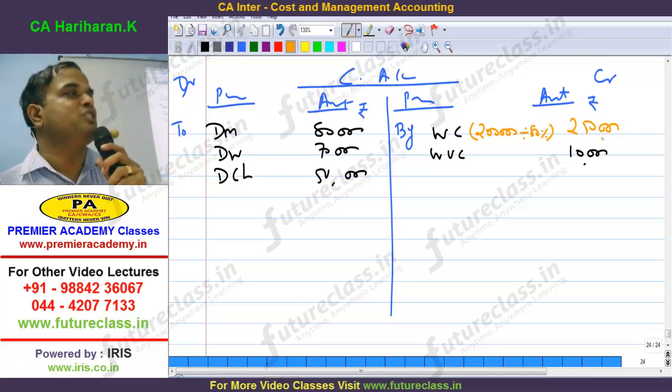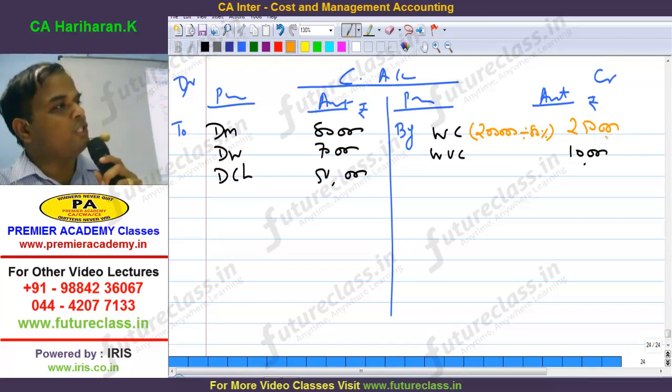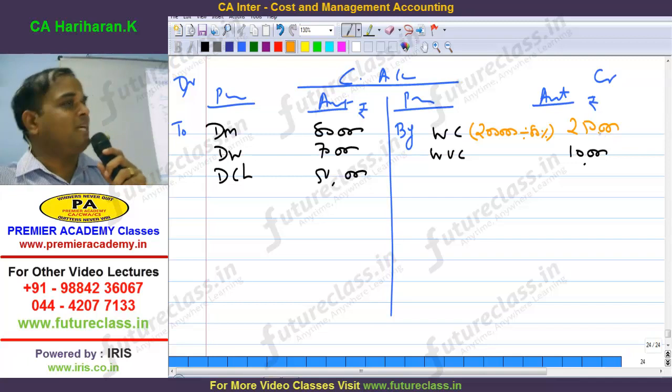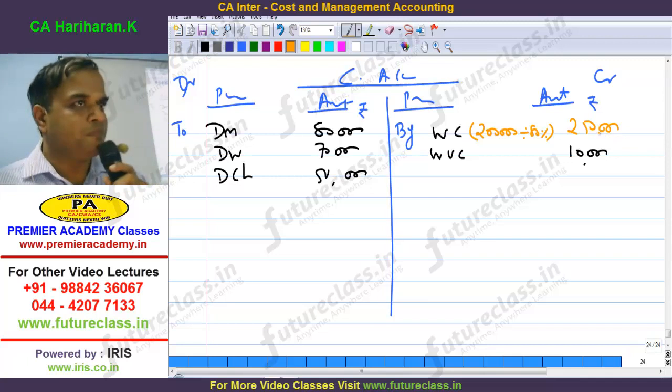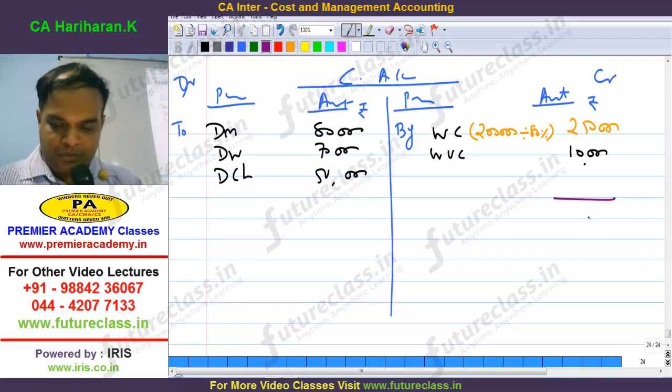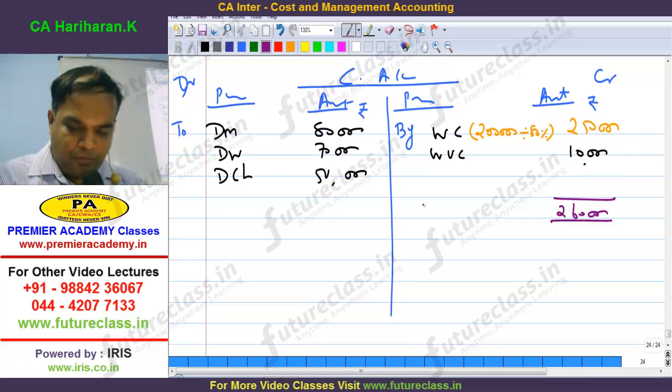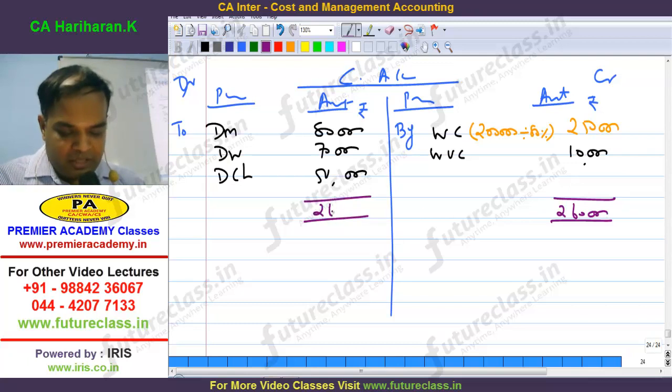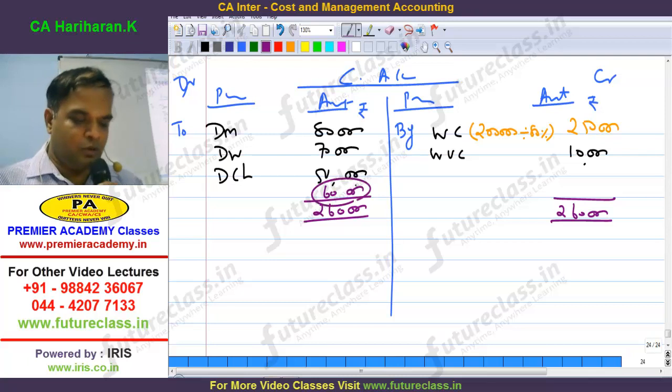So 80% is equal to 2 lakh, meaning work certified 100% is how much? So 2,50,000. Therefore, total comes to 2,60,000. Balance profit is 60,000.